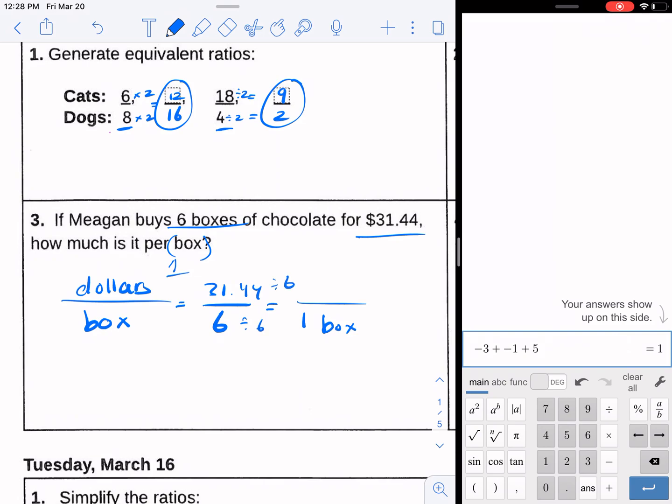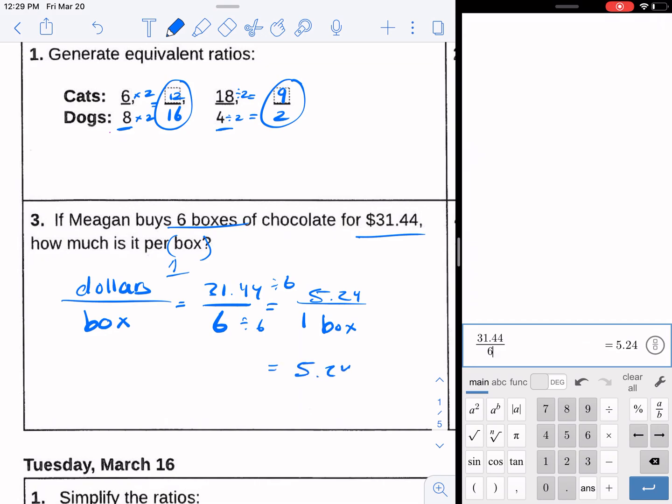So you got, let me clear this, 31.44 divided by 6. And you get 5.24 per box. All right, and that is gonna be $5.24 per box.